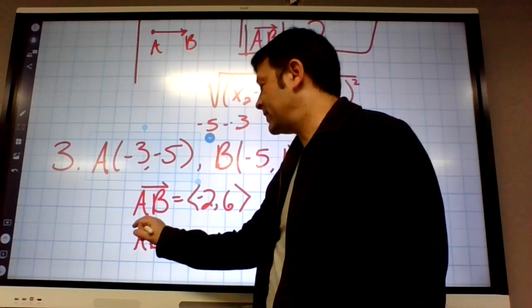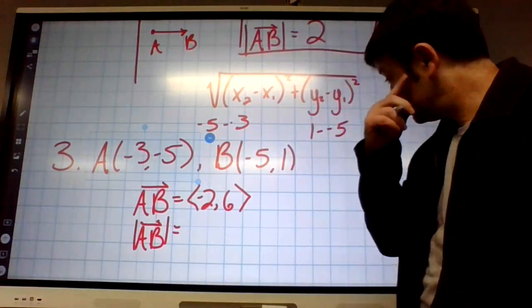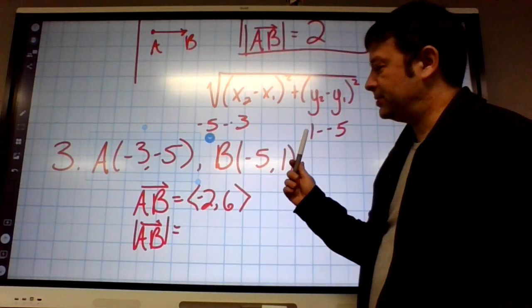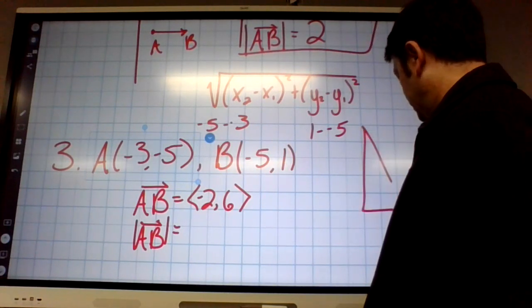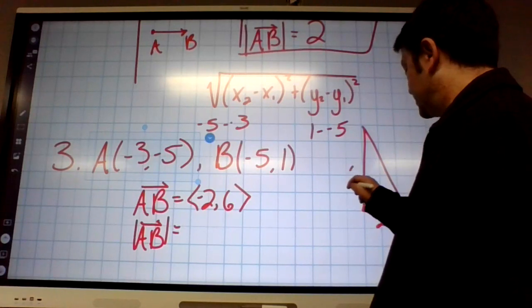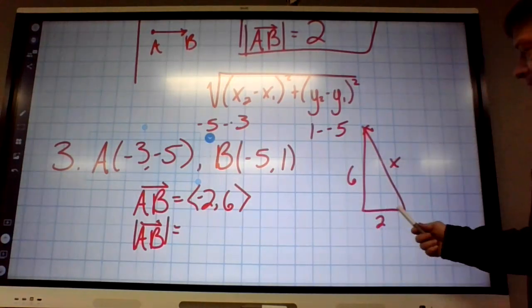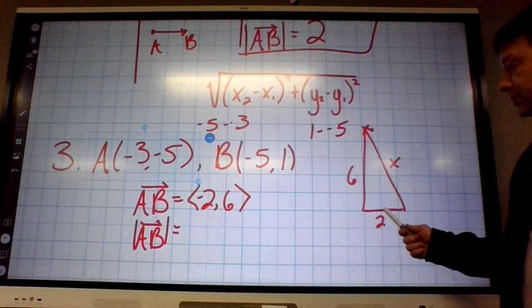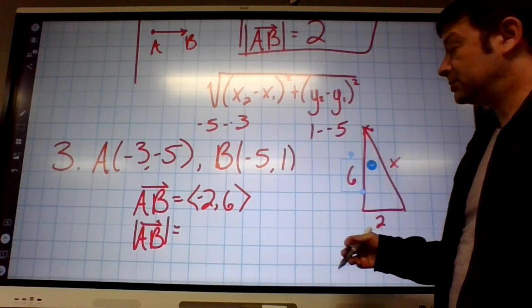Okay, how long? What's the magnitude of the vector? How long is it? So this is like a 2, this is like a 6, and we're looking for the length of the vector. It's 2 left, 6 up. So how long is the vector? 2 squared plus 6 squared, and then the square root of that, right?